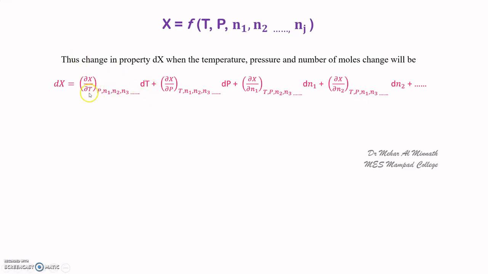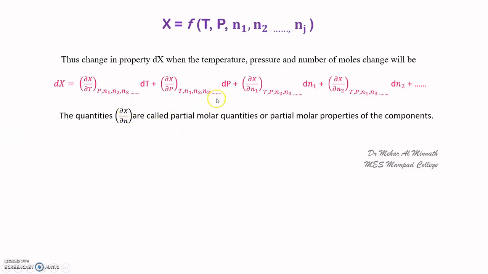The first term relates to the change in the property with respect to temperature, the second one with respect to pressure, the third one with respect to the number of moles of component 1, the fourth one with respect to number of moles of component 2. Then you can write for the third component, dou X by dou N3, when T, P, N1, N2, N4, etc. are constant.